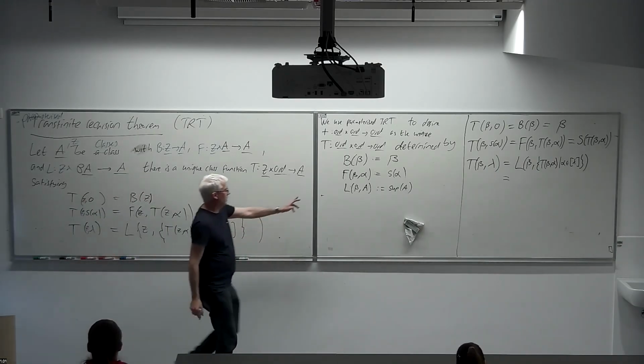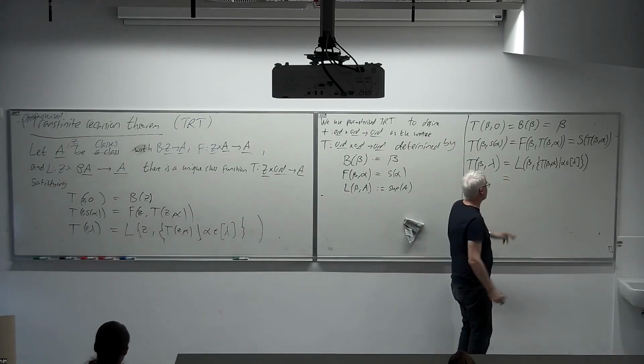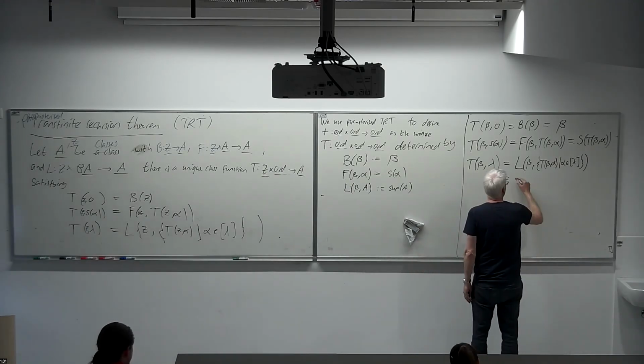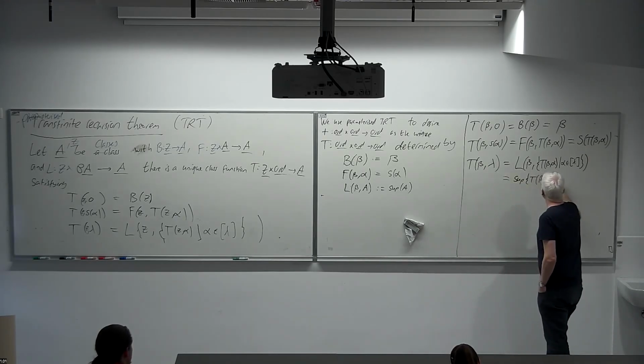So L is the supremum of the elements in this set. So it's the supremum of T beta alpha.